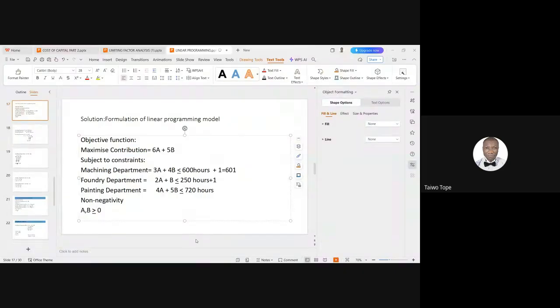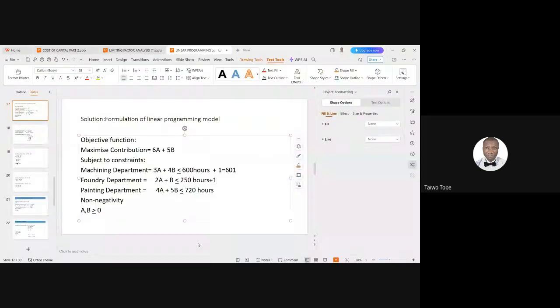So talking about shadow price, I'm just saying that the terms can look as if they are complex, but in solving they are not. Shadow price, I said, is the extra contribution you will get when you add one more unit of the limited resources.